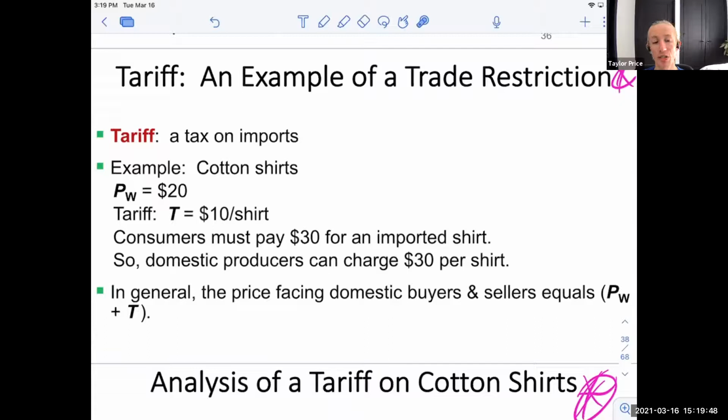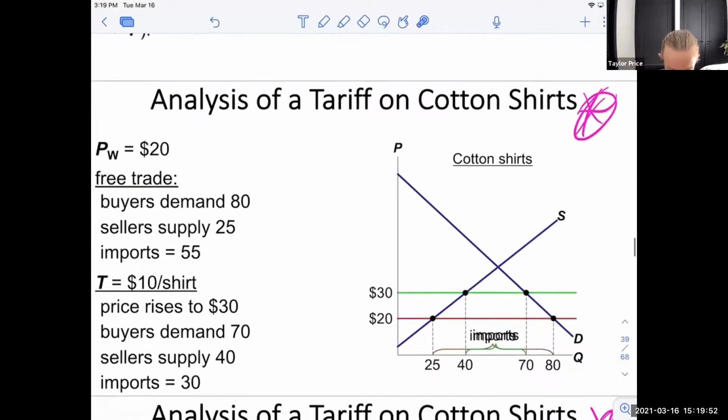What this usually means in an analysis is that the demand from domestic consumers decreases, while the supply from domestic producers increases. So you can see here that supply is increasing, and demand is decreasing because the price increased.